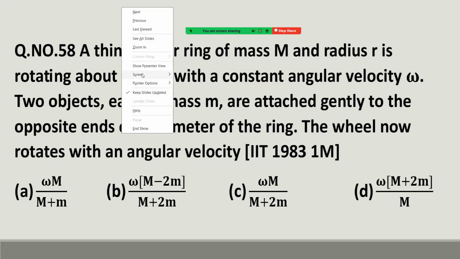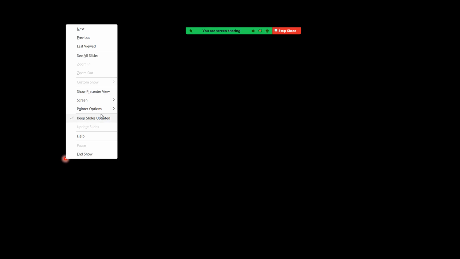So again writing I1 omega 1 is equal to I2 omega 2. In the place of I1, since it is a ring, we can write M r square into omega, that is equal to, now it is M r square for the ring.